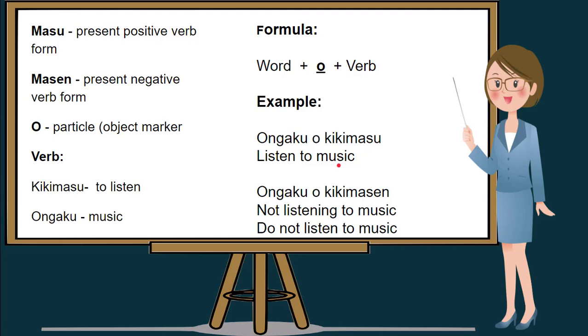How about creating a present negative verb form or using masen in creating a sentence? Let's make use of this first sentence and make it a negative verb form. All we need to do is to change mas into masen.